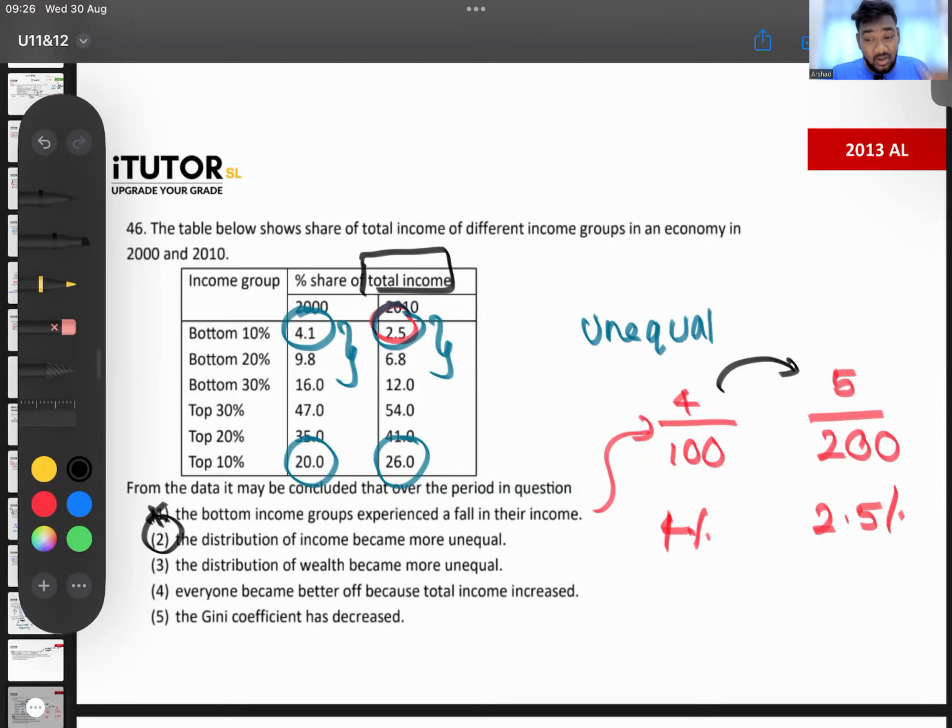But if I ask you what is your wealth, some people will say, my income is only 20,000. But they have 10 acres of land somewhere. They have huge amounts of gold in the house, right? Wealth is the total that you have. Income is what you're earning every month.